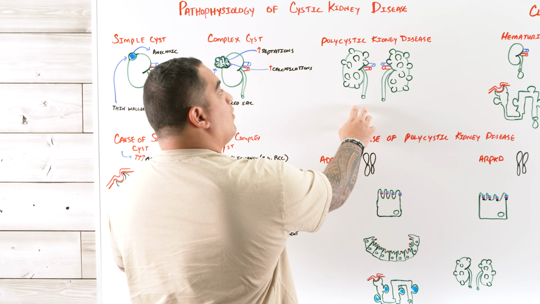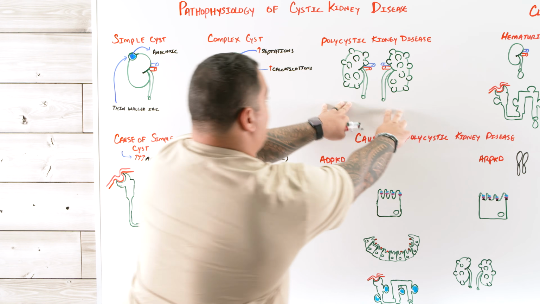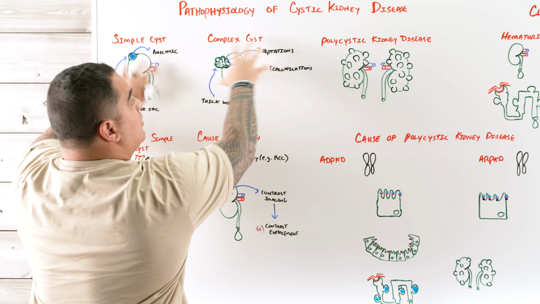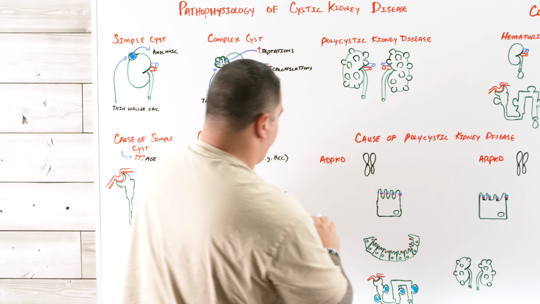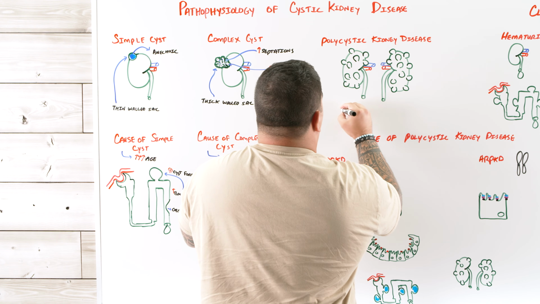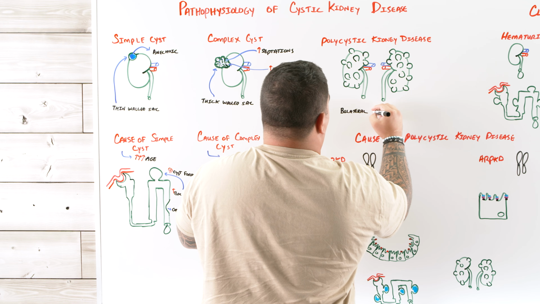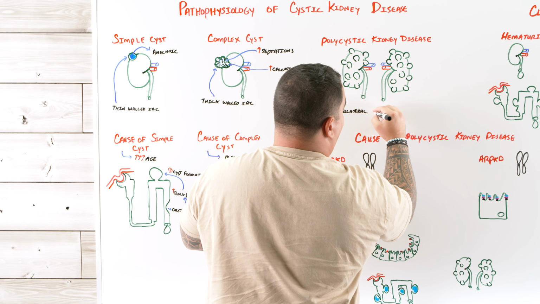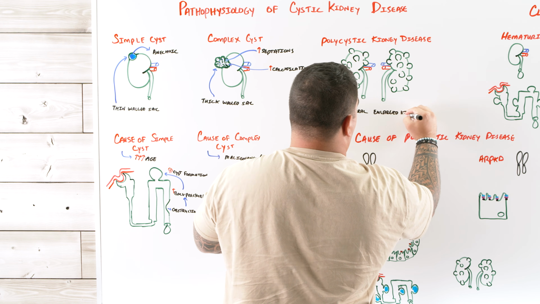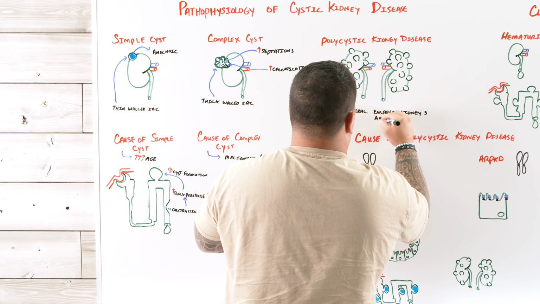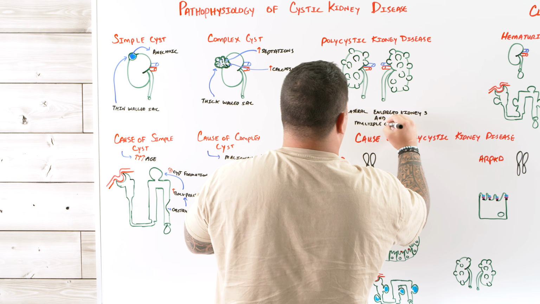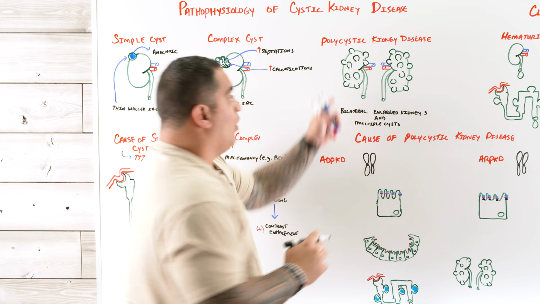So what I look for more specifically to tell me about polycystic kidney disease versus multiple simple or complex cysts is I look for bilateral enlarged kidneys, and multiple cysts in both of those kidneys.